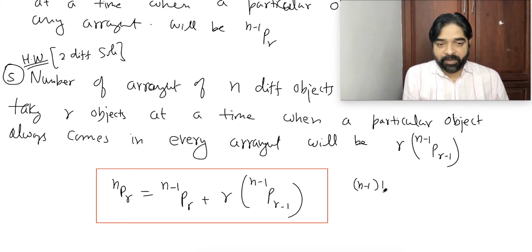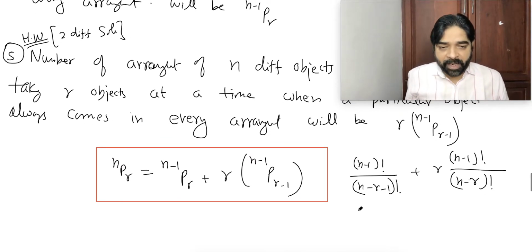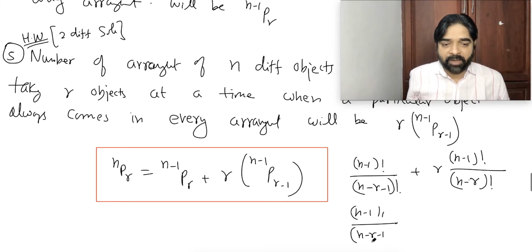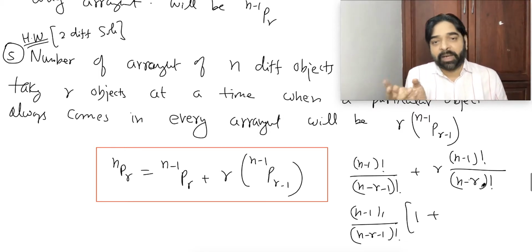Right side: N minus 1 factorial divided by N minus R minus 1 factorial, plus R into N minus 1 factorial divided by N minus 1 minus R plus 1, meaning N minus R factorial. From here I can take N minus 1 factorial by N minus R minus 1 factorial out. So 1 plus, look, this is gone.